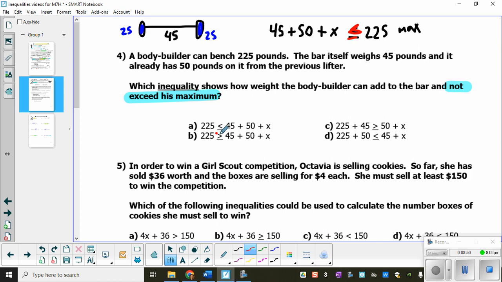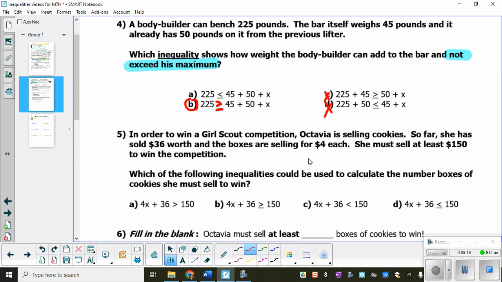So we want the alligator symbol that eats the 225, which is answer choice B. And it shows the bar that's 45, the 50 that's already on, plus whatever this bodybuilder chooses to put on there, just has to be less than or equal to the 225 that they can bench. You'll notice answer choices C and D don't even make sense because they don't have all of the stuff on one side, and that's why we can knock both of these out.